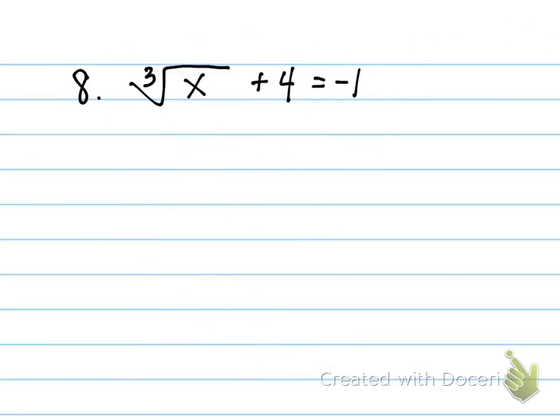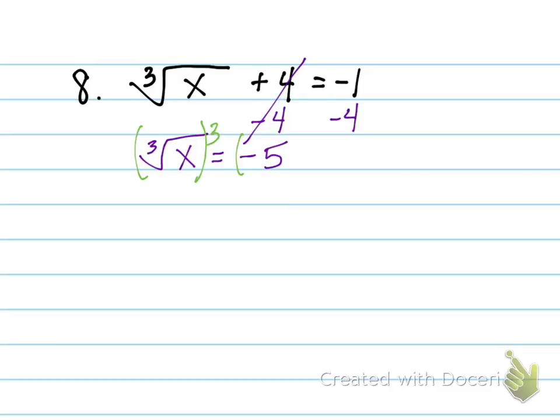Number 8, I want to isolate the radical, so I'm going to subtract 4 on each side. And you have the cube root of x equals negative 5. So the opposite of a cube root is taking a cube, so raising it to the third power.